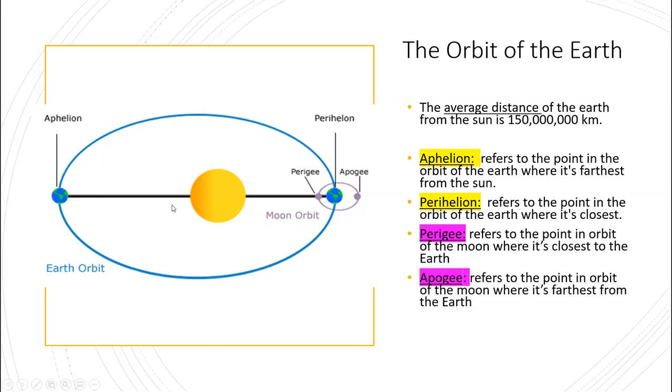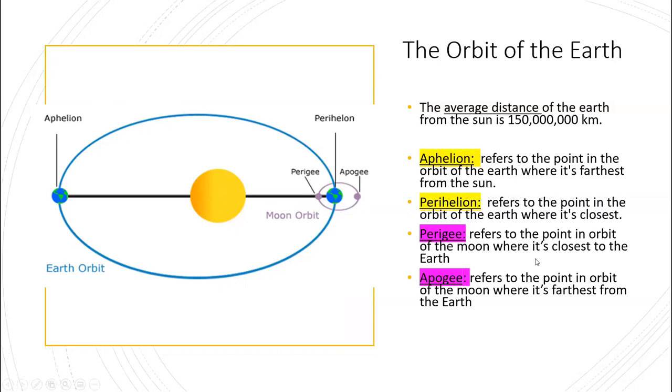Anyway, this is not the point of this slide here. So how do you refer to the point of the orbit of the Earth when it's at the furthest from the sun? Aphelion. Perihelion is when the Earth is closest to the sun, right?